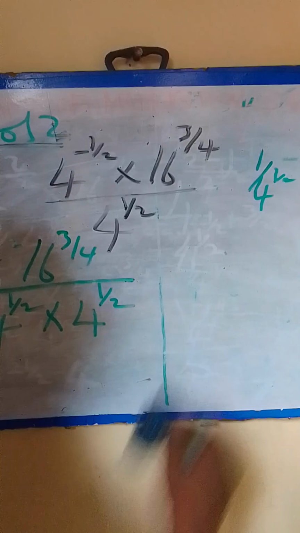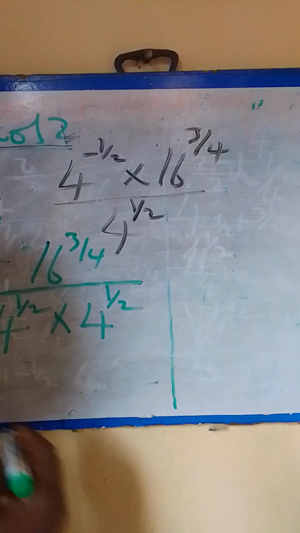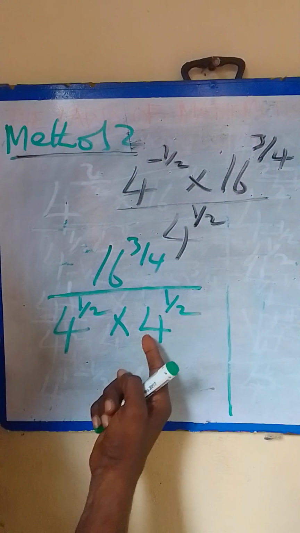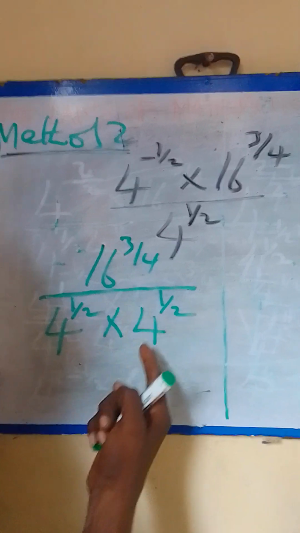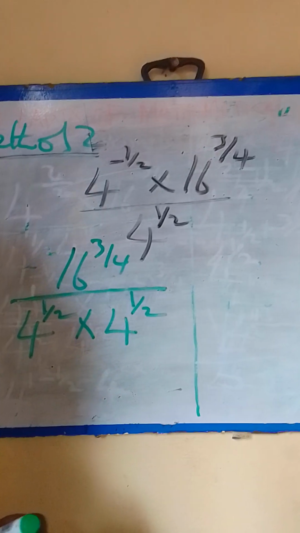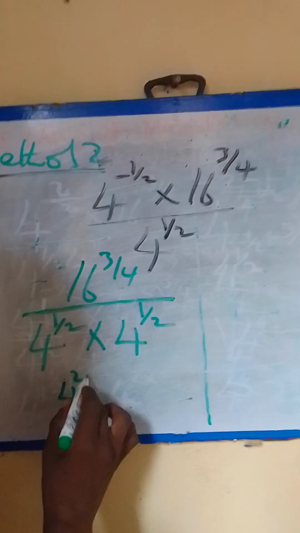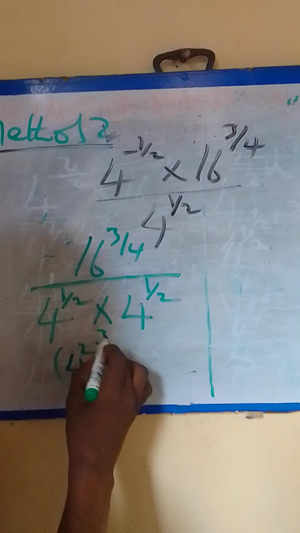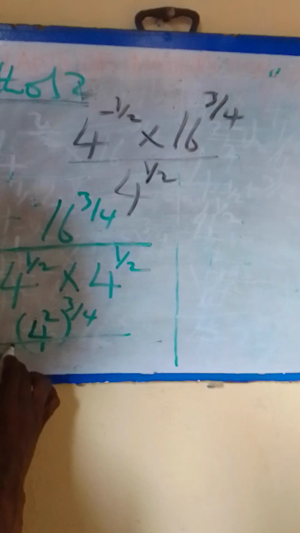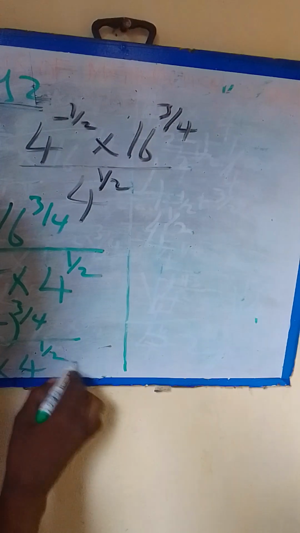And now, in this case, you express the numerator and the denominator in the power of base 4. Here you are going to have 4 raised to power 2, here 3 all over 4, divided by 4 raised to power half times 4 raised to power half.